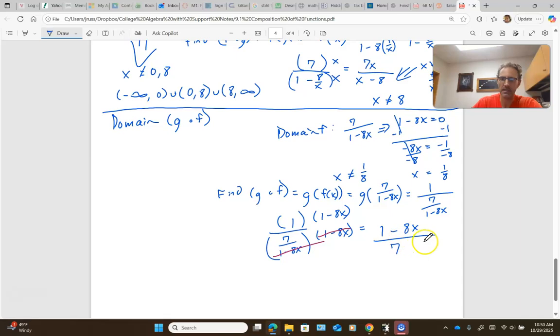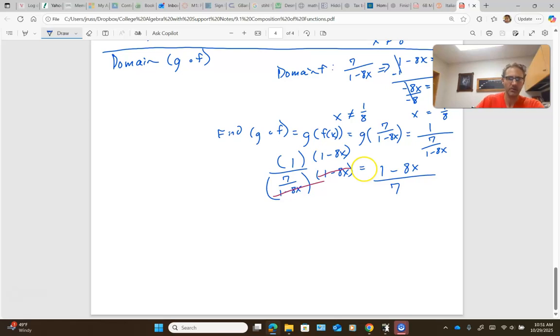Well, let's see, is it going to have any restrictions on its domain? Well, look at its denominator. Its denominator doesn't have an x in it. Okay, so there aren't going to be any more restrictions. This denominator here will never be 0. It can't. It'll always be a 7. So this function will always be defined for any value of x. Okay, so the only restriction that we found here in doing this was the restriction on the inner function, 1/8.